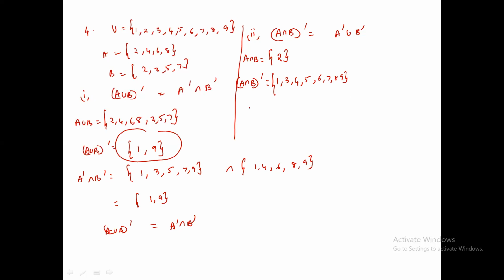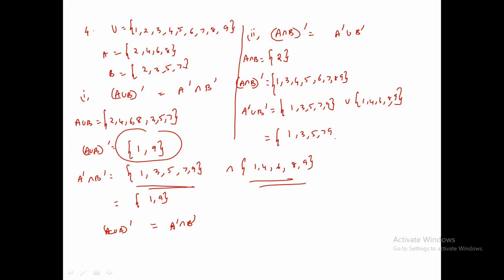Now already we found A dash and B dash. We will take union of both. A dash union B dash. That is 1, 3, 5, 7, 9 union 1, 4, 6, 8, 9. And when you take union, first I will write 1, 3, 5, 7, 9.